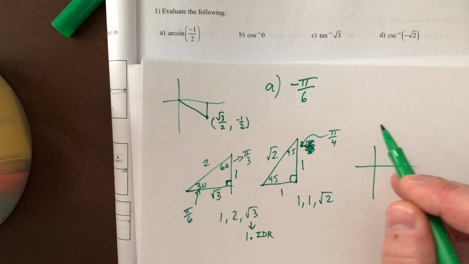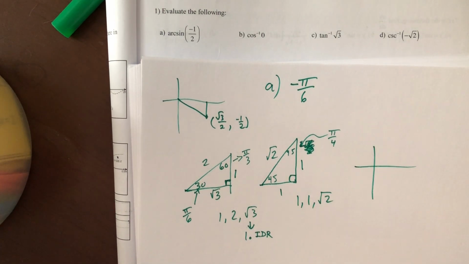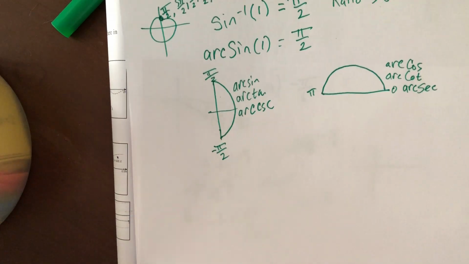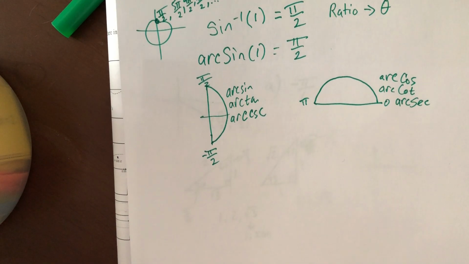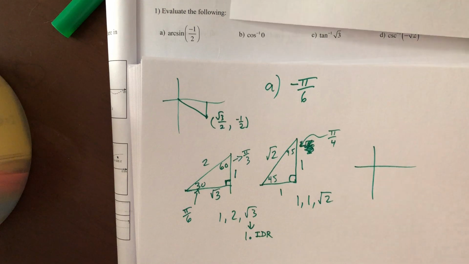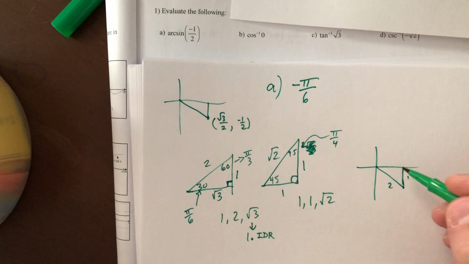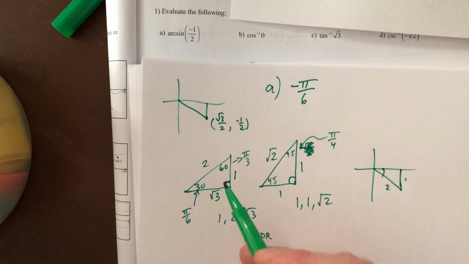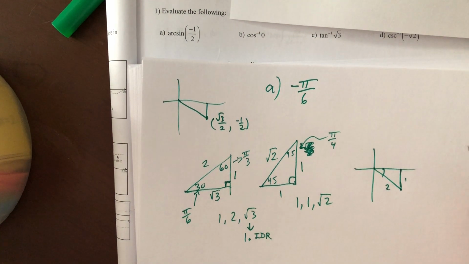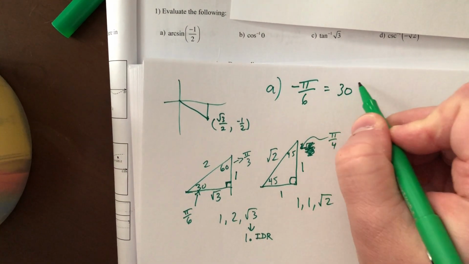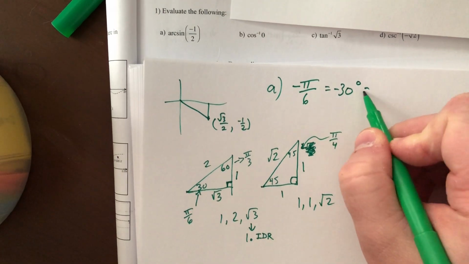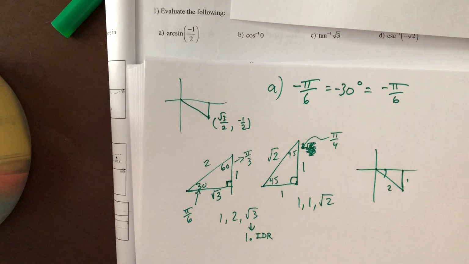I remember we can only be in this half for arcsine. So if I want a y coordinate of -1/2, I got to go down here. That's 1 and that's 2. So this is my 30-degree angle, which makes it -30 degrees, or -pi/6. I definitely think in degrees when I do it this way, and then I convert it.